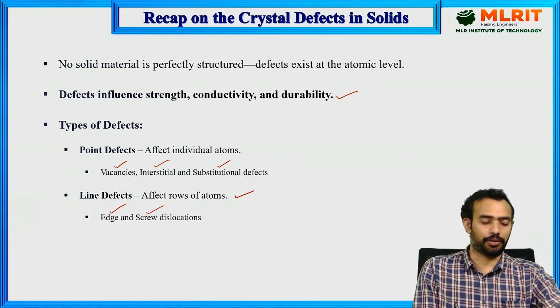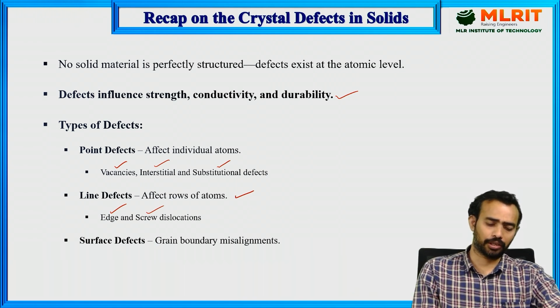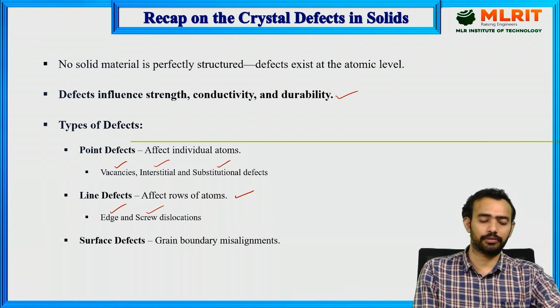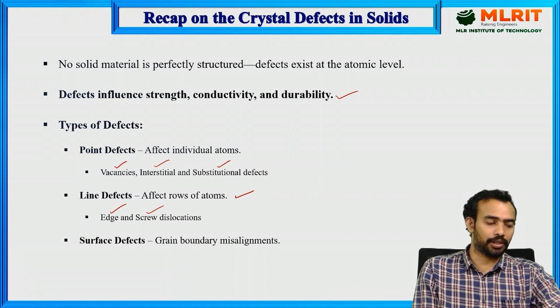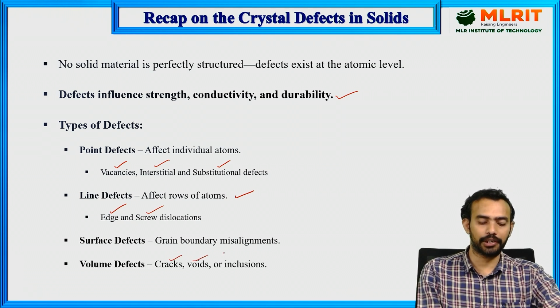So in today's class we will discuss more about surface defects, which are grain boundary misalignment in short, and volume defects, under which we will see cracks, voids, and inclusions.